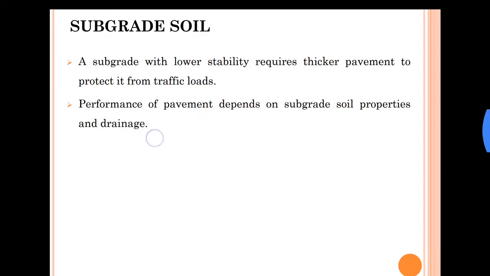Drainage is also a major consideration, because with the presence of water there are chances of swelling, and if the temperature rises, there are chances of shrinkage. These might result in deflection and deformation, leading to formation of cracks, or even potholes on the surface layers.